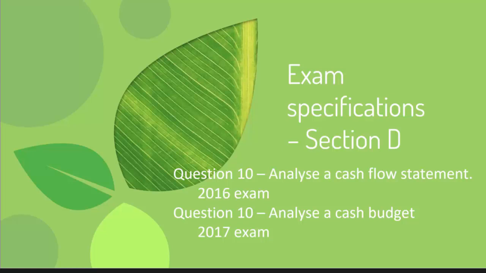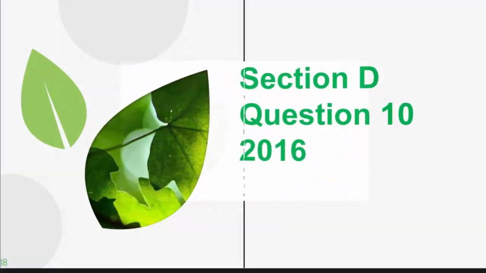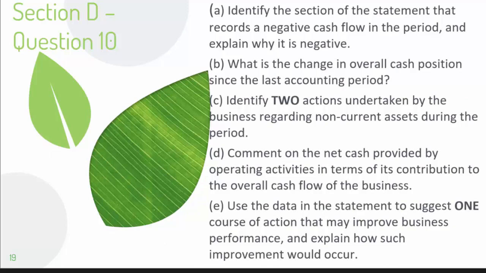And I think that's the pattern that's appeared so far. This is question 10 from 2016. So they're the questions there. I'm going to go through the answers one by one.